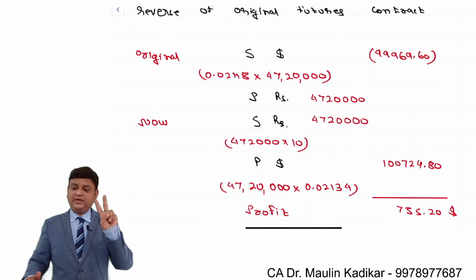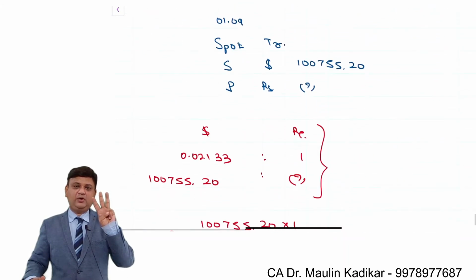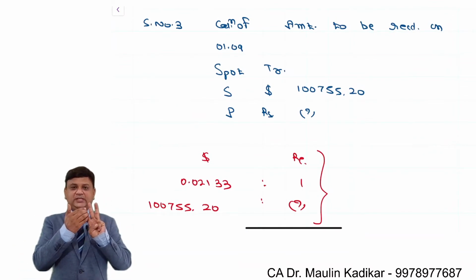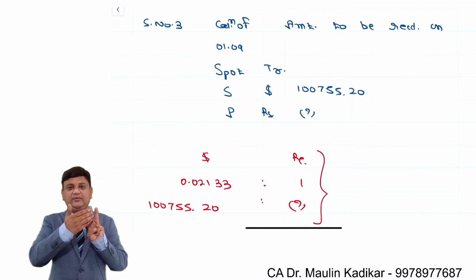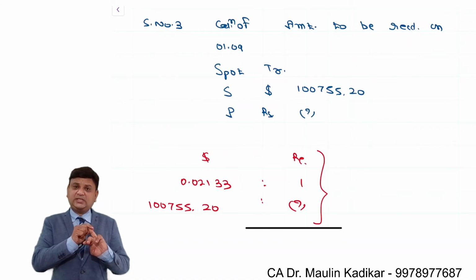This amount of the profit is in dollar currency. In step number 3, what we are going to do, whatever $1 lakh that we have received, to that this profit is added, and in case of the loss, it would have been deducted. And then whatever the gross amount or net amount is required to be converted at the spot exchange rate on 1st of September.